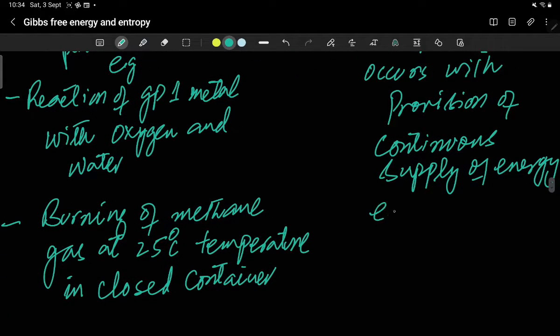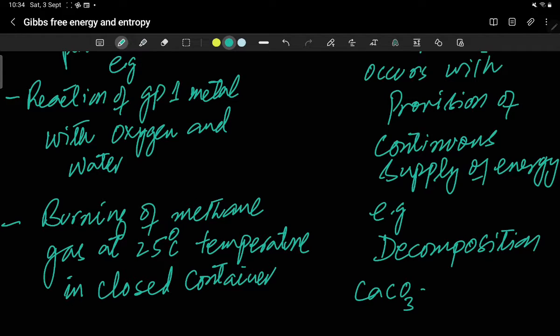For example, a decomposition reaction, calcium carbonate decomposed to form calcium oxide, or any other decomposition reaction. So this is just the example.